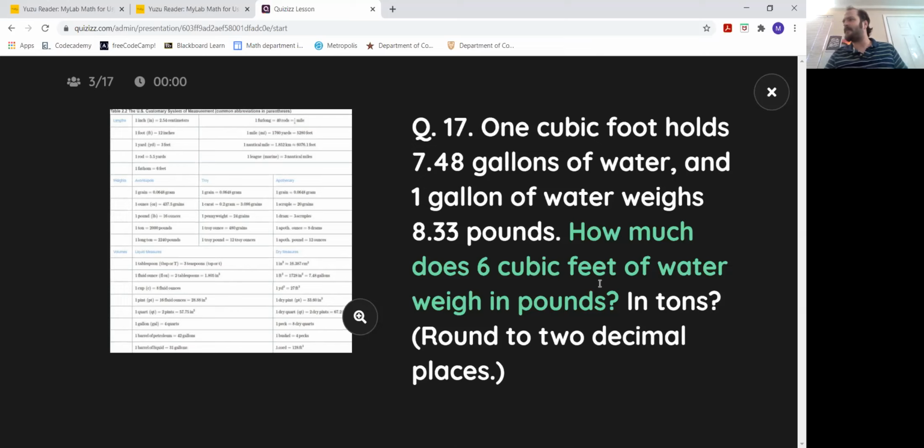And round it to 2 decimal places and put units on there. All right, I'll give you all a minute.